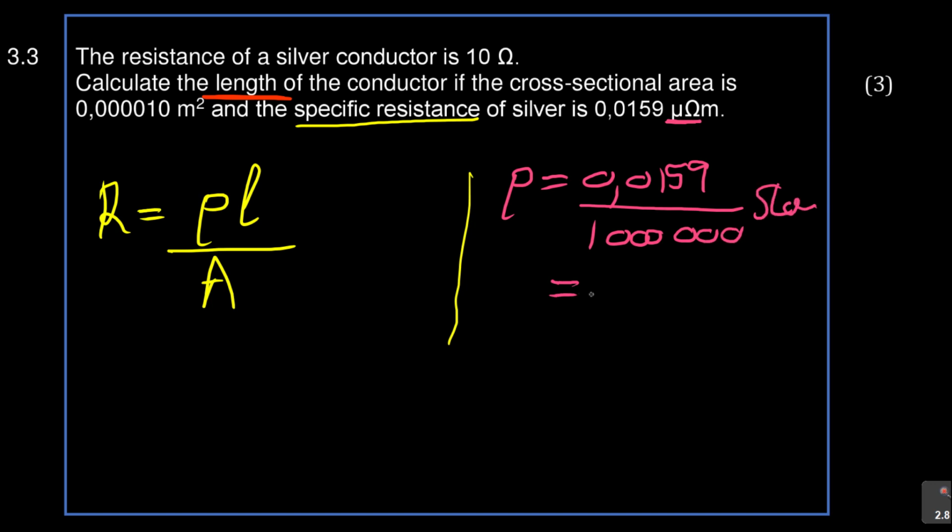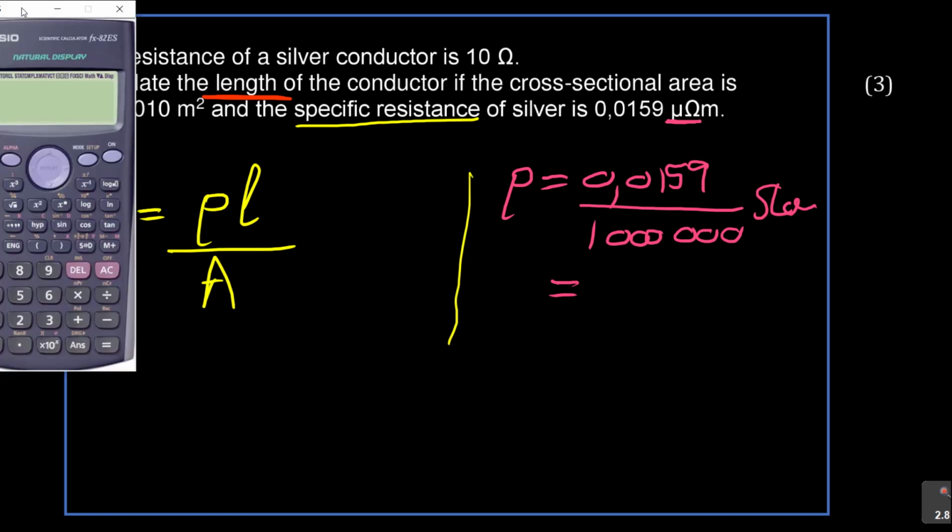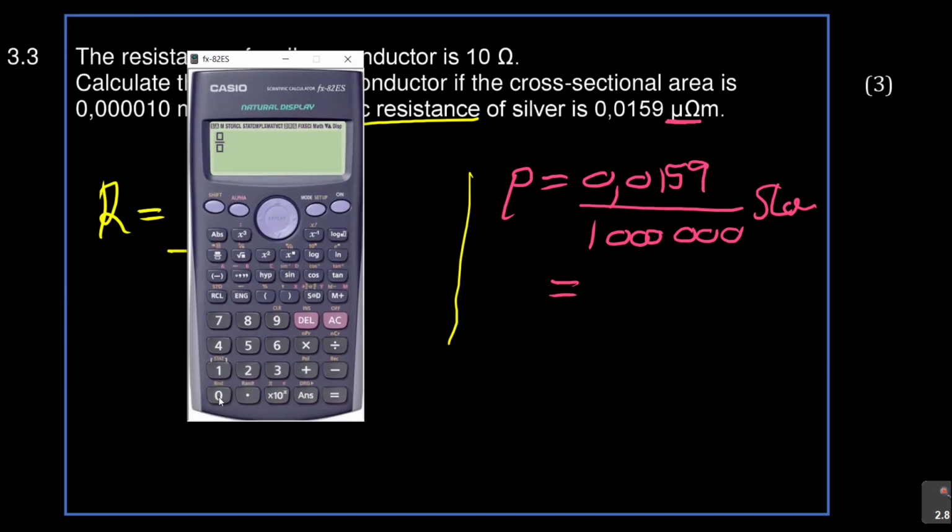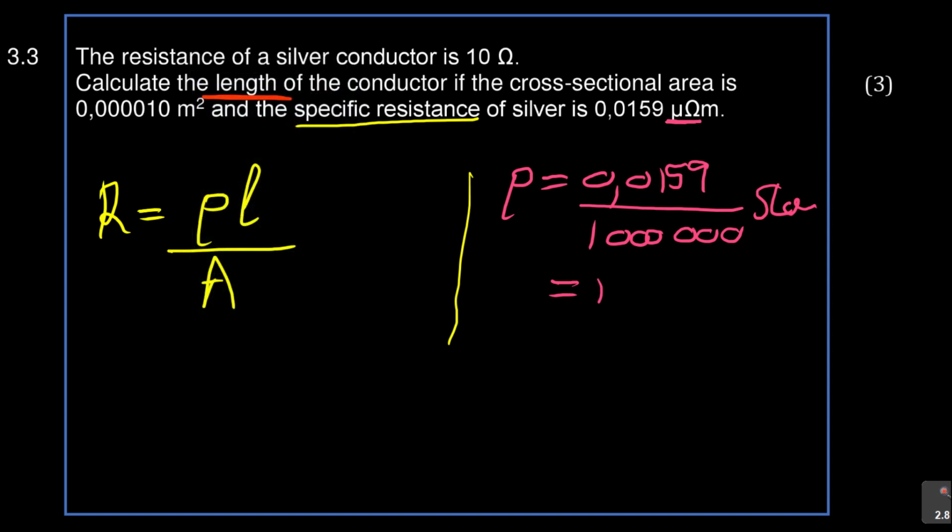Let's divide that by a million. Those are the things that you need to be very sensitive of. 0,0159, and then I divide by a million, 1, 2, 3, 4, 5, 6. Equal to 1,59 times 10 to the power negative 8.